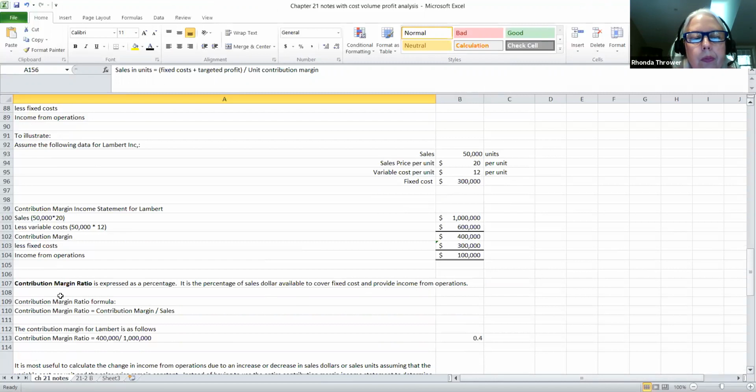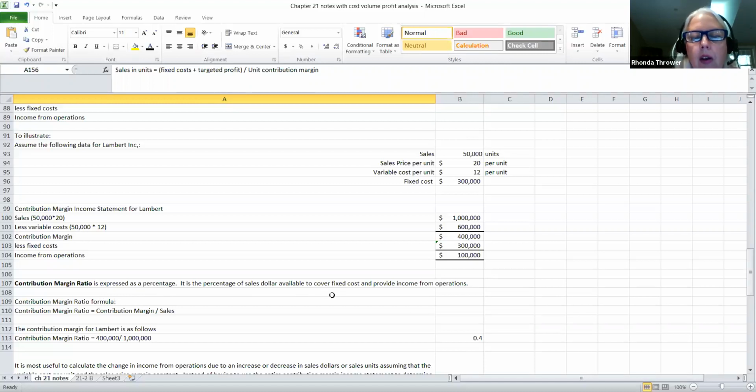Now the contribution margin ratio is expressed as a percentage. What we did right here is we showed the contribution margin in dollar amounts. You can also show this as a ratio. The ratio is the contribution margin divided by the sales dollars, which will give us the contribution margin ratio, expressed as a percentage.